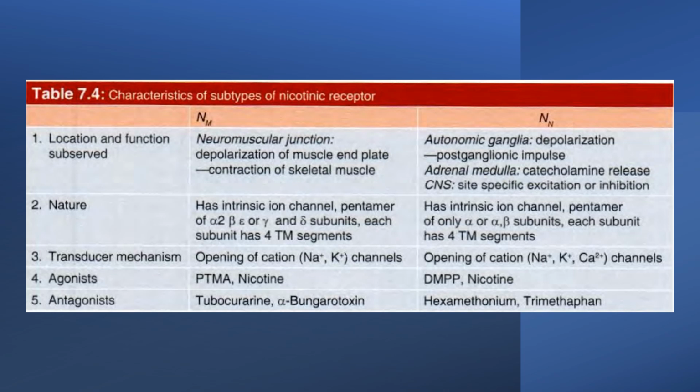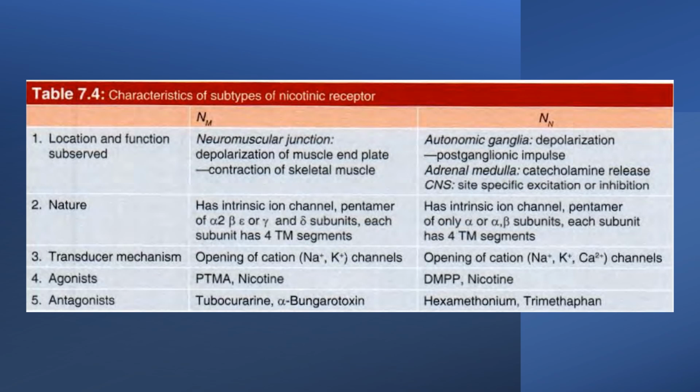The function at the neuromuscular junction is contraction of the skeletal muscle and depolarization of the muscle end plate. The nicotinic receptor found in the autonomic ganglia causes depolarization or post-ganglionic impulse. In the adrenal medulla, it causes catecholamine release, and in the CNS, it causes site-specific excitation or inhibition.